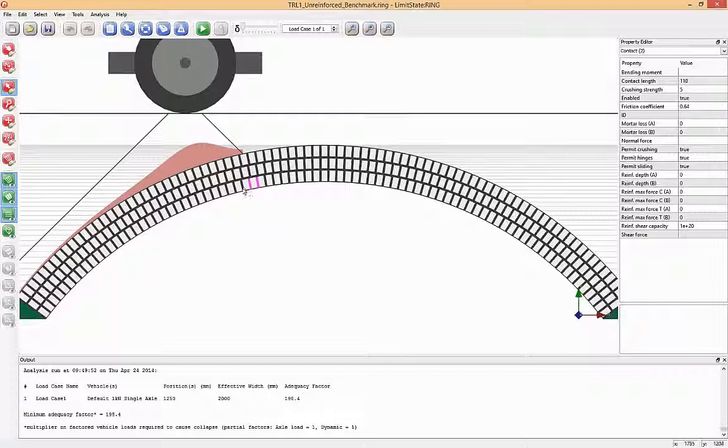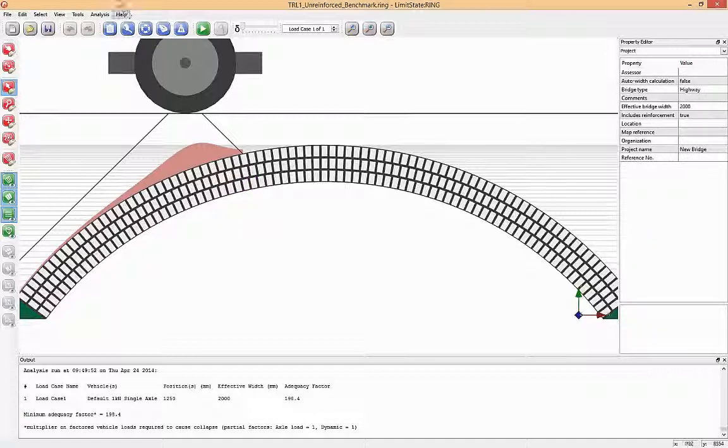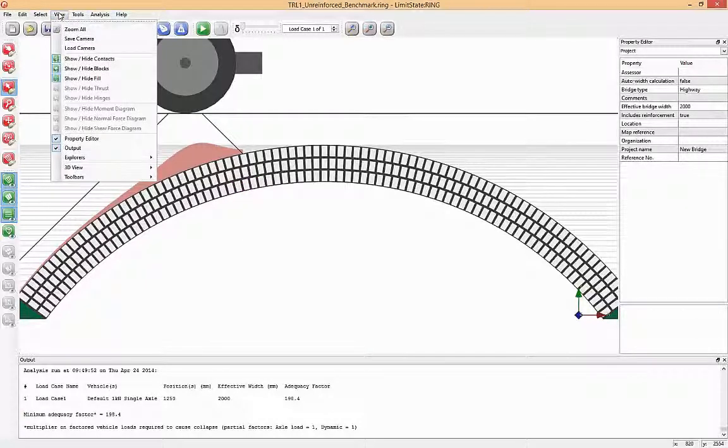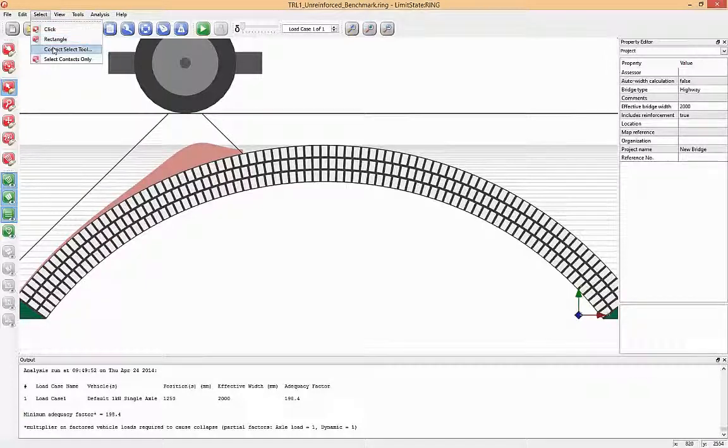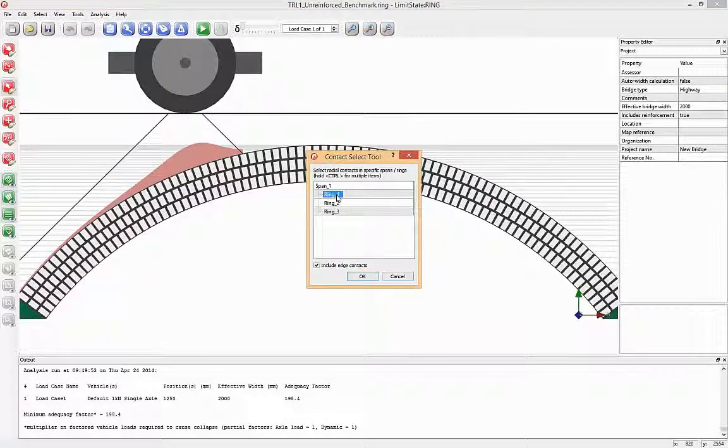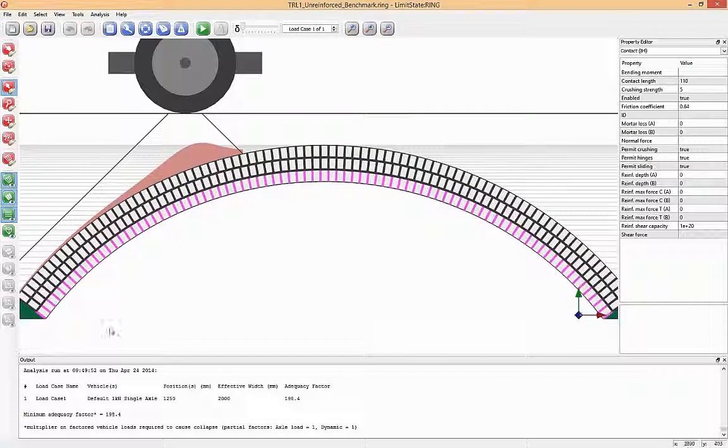Now, I could basically select many contacts and then apply the reinforcement, but there's a nice tool that will allow me to do that quite rapidly. It's the contact select tool. I can simply select all the contacts in the first ring using that tool.